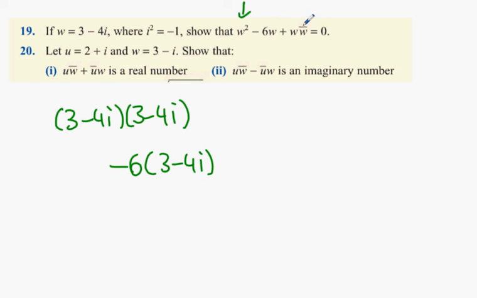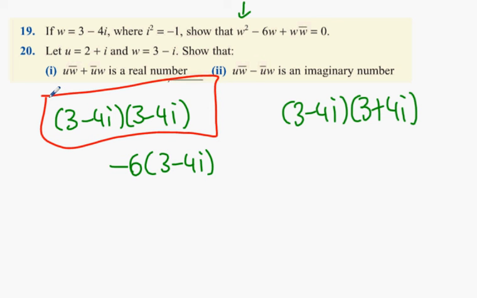And then the last part is w multiplied by its conjugate, which is 3 plus 4i. What you do is combine all the answers together: the answer to the first one, the minus 6w, and the answer to the very end. You add them all up together, and you show that they're equal to 0.